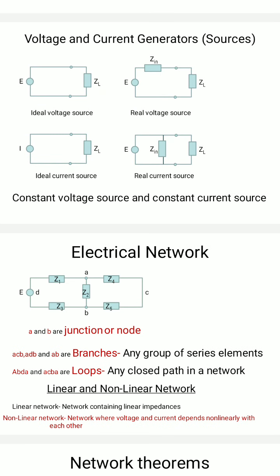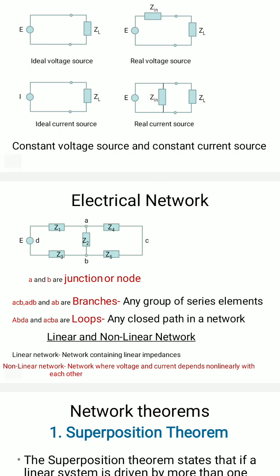Now let us move on to the electrical network. In an electrical network, you will have different components in it, isn't it? So these networks contain different branches, which contain different elements. Here is an example of an electrical network which has an energy source, the voltage source E on the left hand side, and you can see point A and point B there.